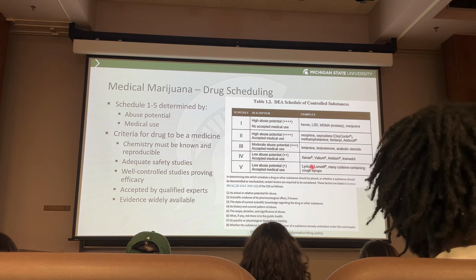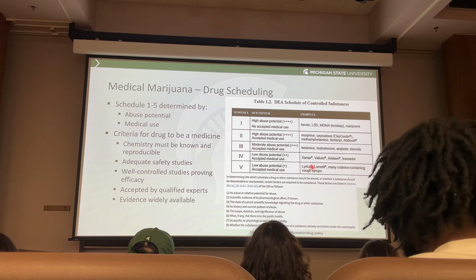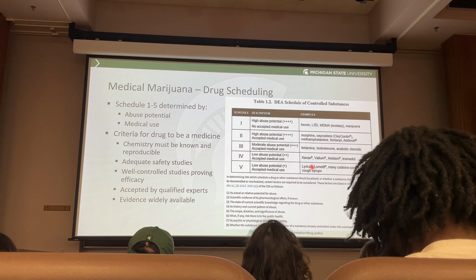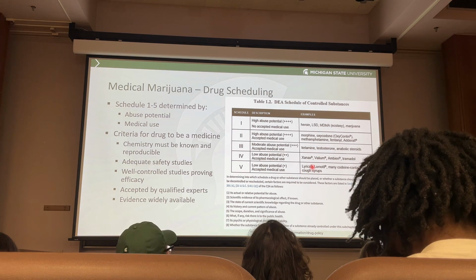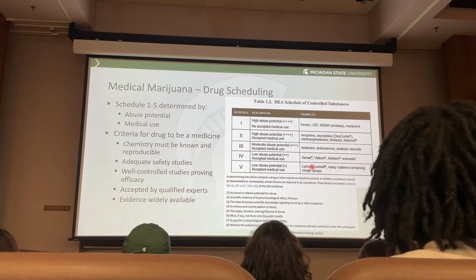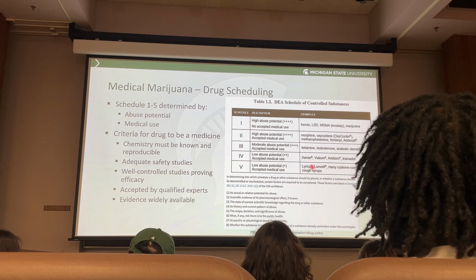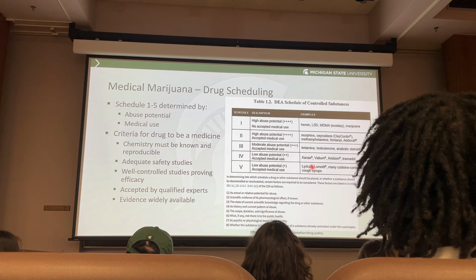Hopefully straightforward. Okay, as far as drug scheduling goes, just a quick primer on this. So, as you're all aware, the Drug Enforcement Administration is responsible for scheduling drugs that are available, both the illicit drugs and the prescribed by doctor drugs.